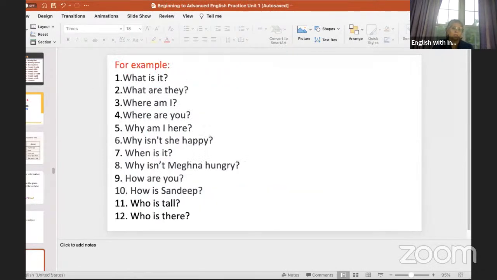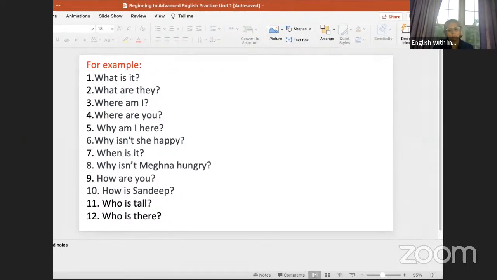So these are some examples of questions. What is it? So if you see, the be verb is after the question word, right? What is it? What are they? Where am I? Where are you? Why am I here?